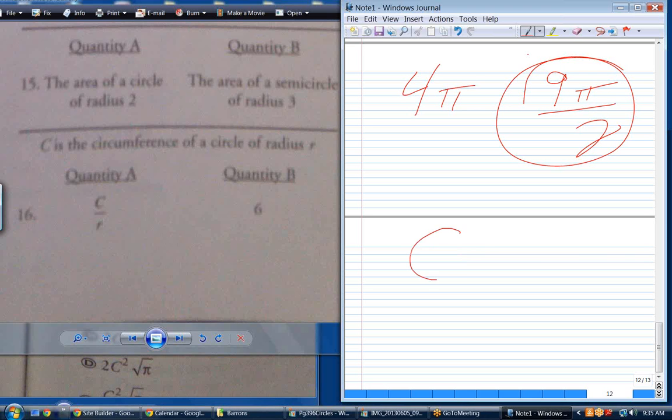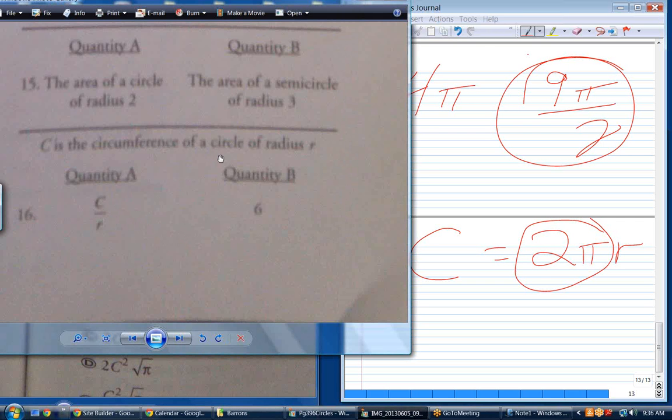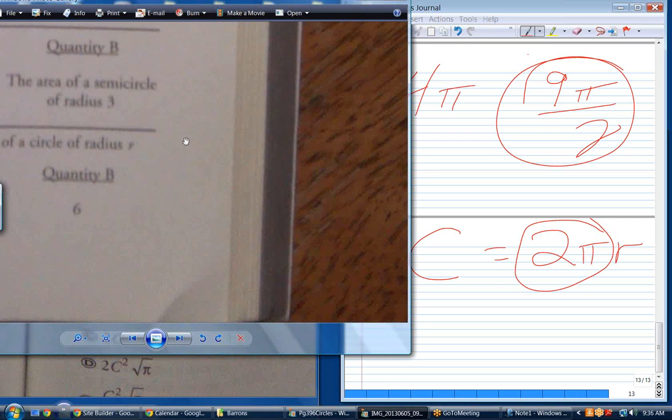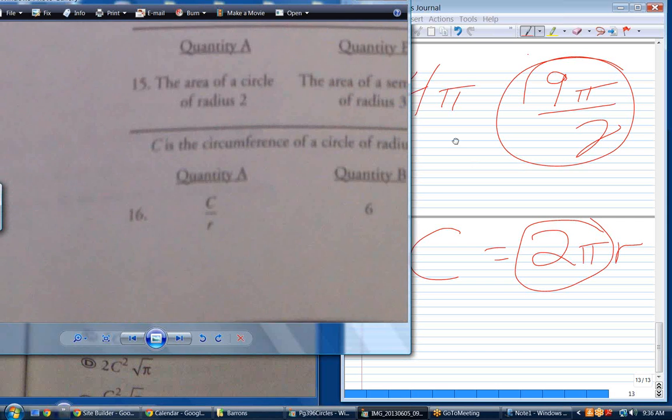Let's start out by this. What is C over R equal to? 2 pi, which is larger than 6. You have to be a little careful here. That was definitely my first thought, that we're not going to be able to tell because we don't know what C and R are. But then I realized that that's a fixed relationship, C and R, always.